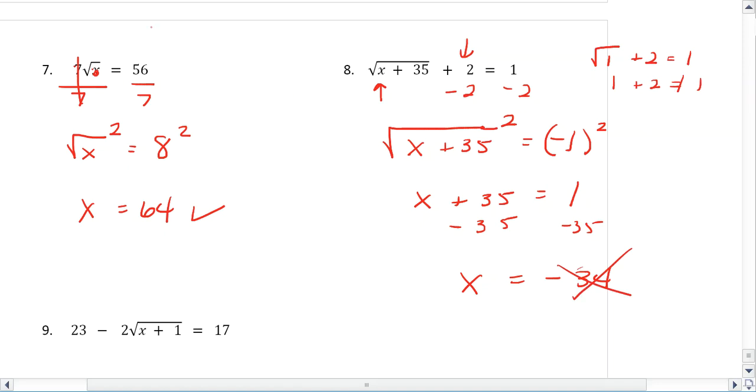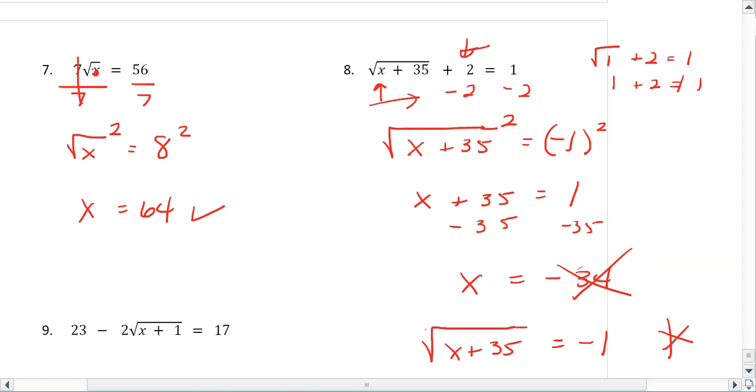And if you want to look for a hint here, if you go back up and look at what we had right here in this problem, after I did this step of subtracting a 2 from both sides, the result was the square root of x plus 35 equaled a negative 1. Right here is a warning flag.